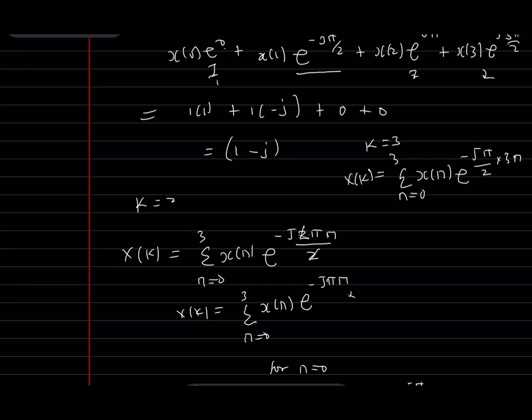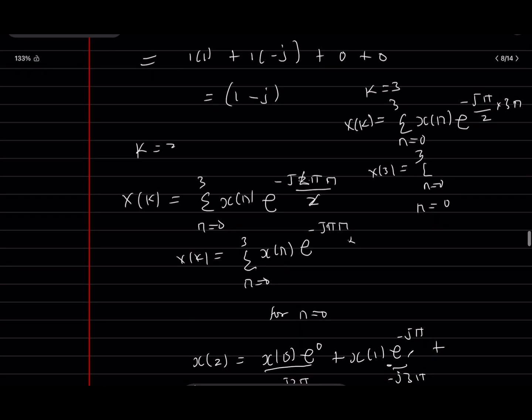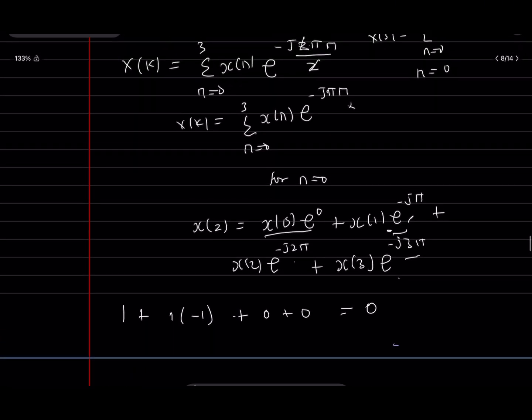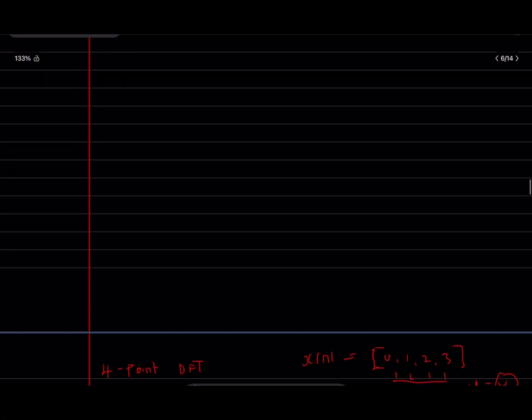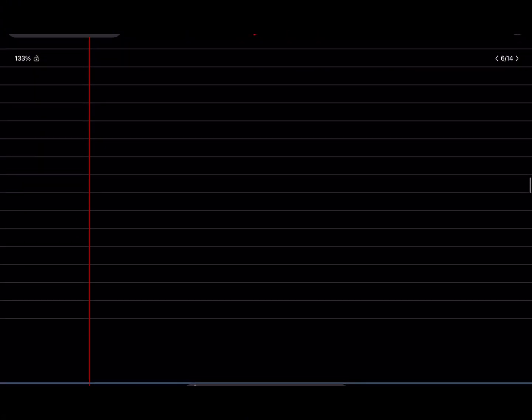And when we get that, we can go ahead, like s of 3 to be equal to the summation of n equal to 0 to 3. So for n equal to 0, we are going to get that exponent to be, let's say, 0. So for the meantime, I need more space. Right, yeah. So now for n equal to 0, we are going to get x of 0, exponent 0, as I told you earlier on.